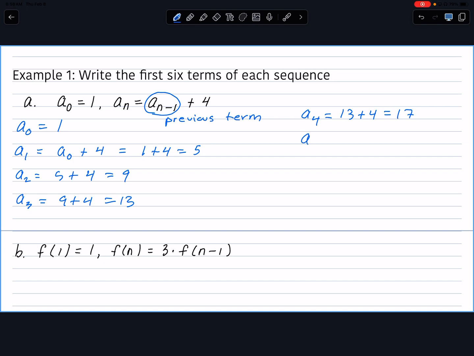And in order to find our last term, I take our previous term and we add 4. Notice it asked us to find the first 6 terms. It started at 0, so it's a little bit weird, but term number 1, term number 2, term number 3, term number 4, term number 5, term number 6. The notation's weird, but we're starting at 0, so if we were to count the terms, that's the way it would work.